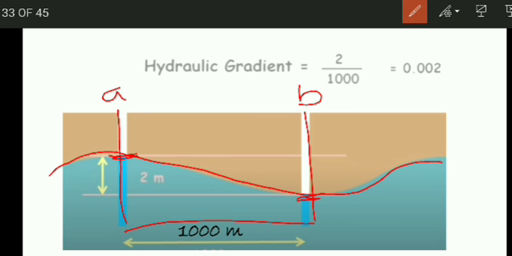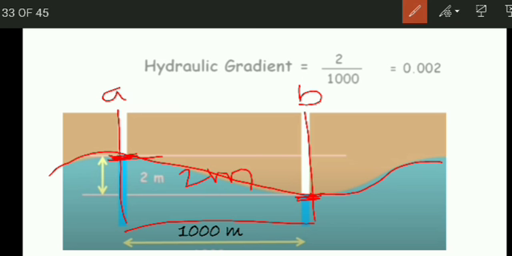So what is meant by hydraulic gradient? The hydraulic gradient is the line joining the points of highest elevation of the water in a series of vertical open pipes rising from a pipeline in which the water is flowing. Here the water level difference between the two wells is around 2 meters.